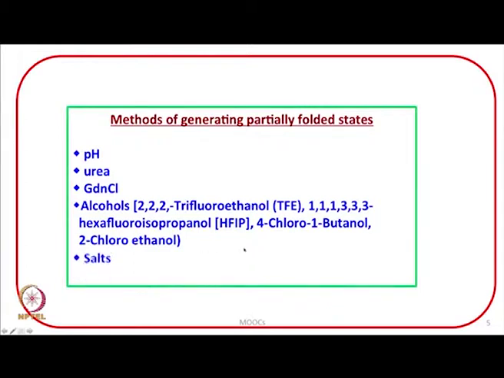The next category can be salts. Let me discuss how salts can be used to generate the partially folded state or molten globule like state in a protein. I just discussed that if we keep on lowering the pH, at very low pH, extensive positive charge will be there on the protein because of strong protonation.